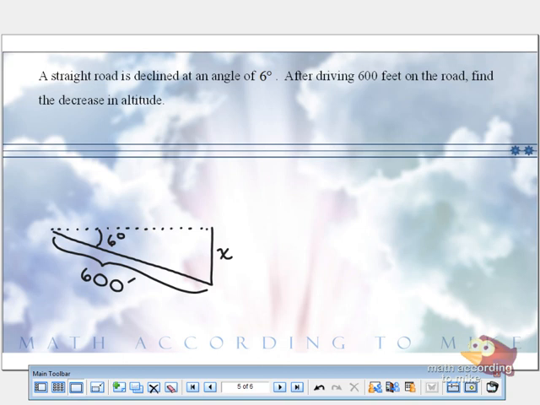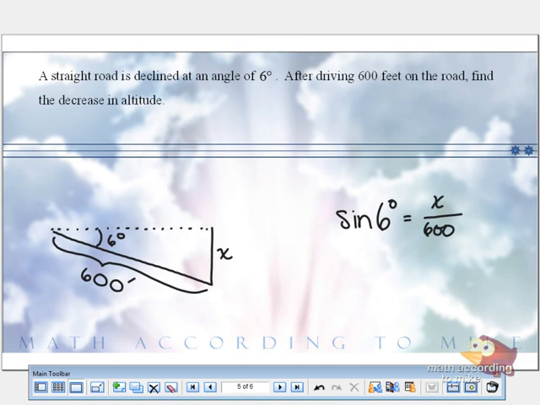Okay. So according to 6 degrees, we have opposite and the hypotenuse. Opposite, hypotenuse: sine. Sine of 6 degrees is equal to what over what? Yeah, x over 600, and again, that's in terms of feet.